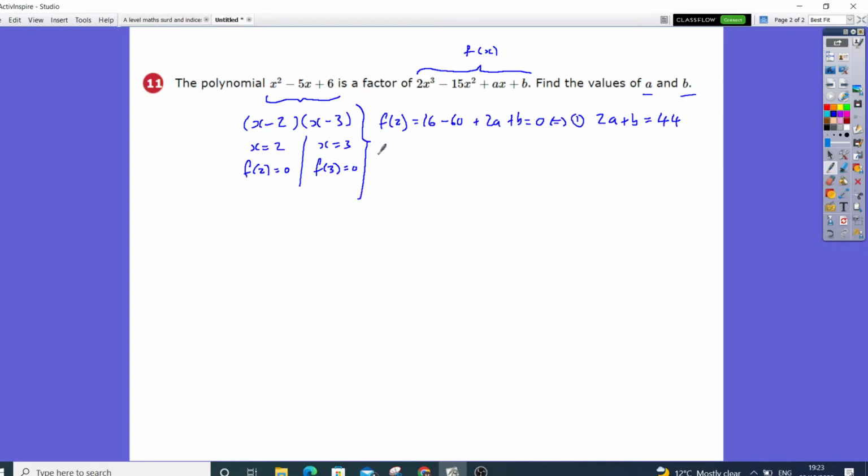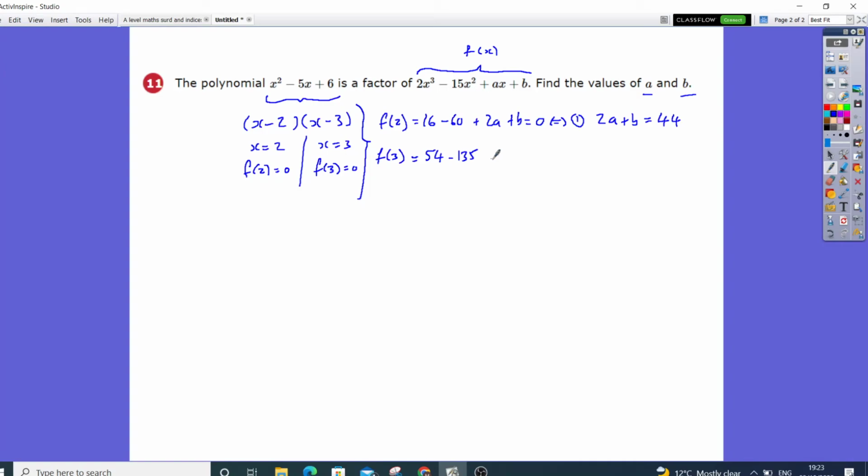Likewise, if I put 3 into this equation, I'm going to get 3 cubed is 27, double it, 54. 3 squared is 9, 9 times minus 15 is minus 135.